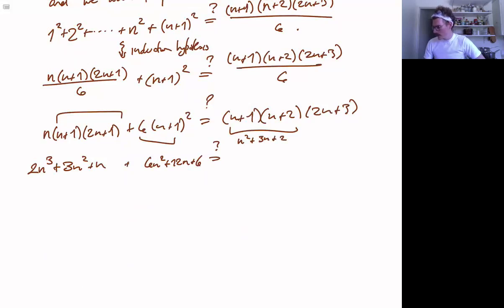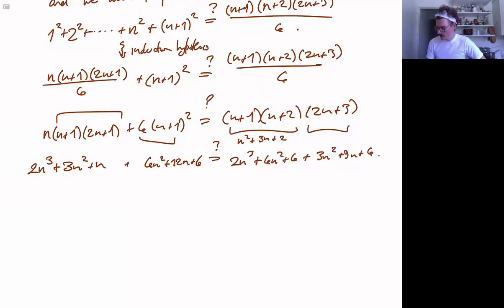And then if we multiply that by this, we will get 2n cubed plus, let's just do each term by itself. So 2n cubed plus 6n squared plus 6n, and then 3n cubed, 3n squared, rather, plus 9n plus 6.